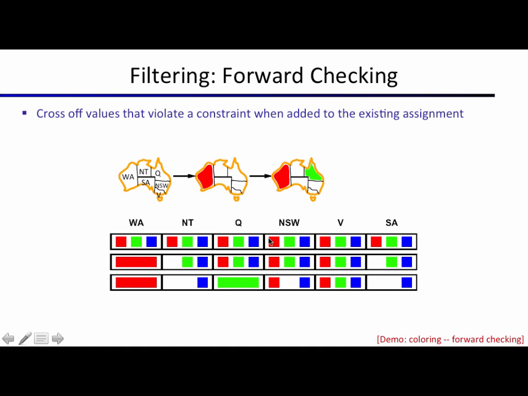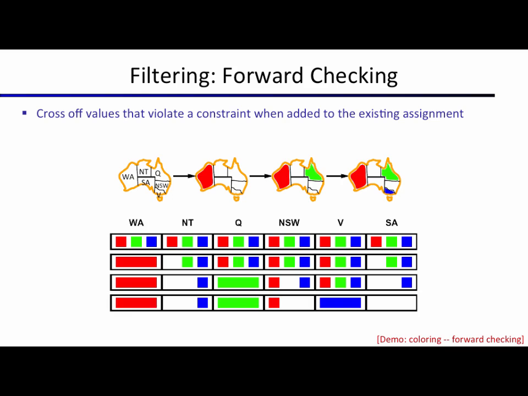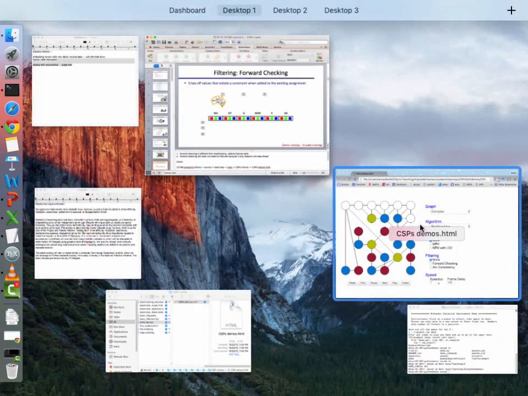If I assign Queensland green, then now I know that Northern Territory also can't be green. I remove that. I know that NSW can't be green, so I remove that. And I know that Southern Australia can't be green, so I remove it as well. That's the idea of forward checking. And you keep going. So let's see forward checking also in this demo.